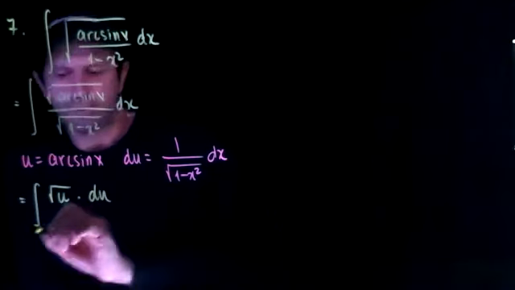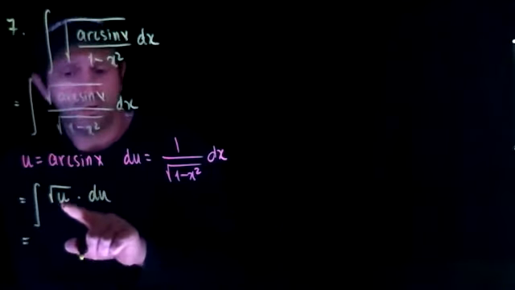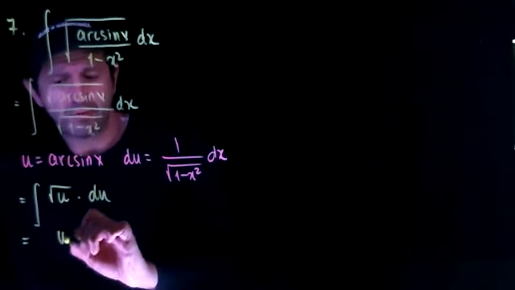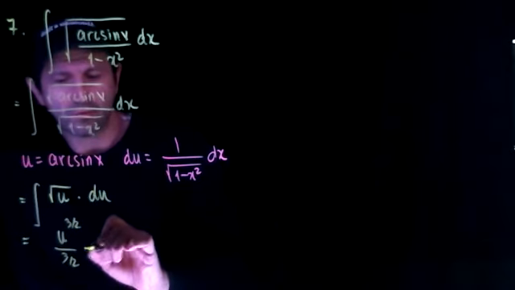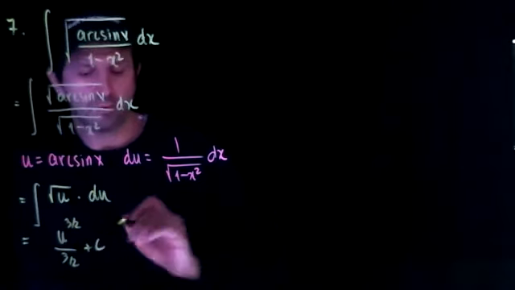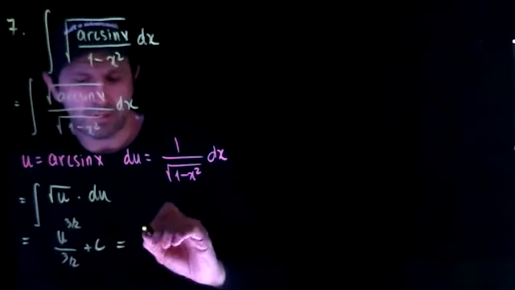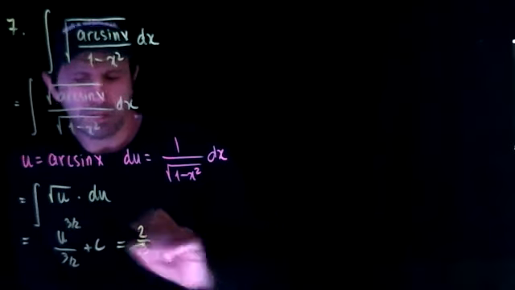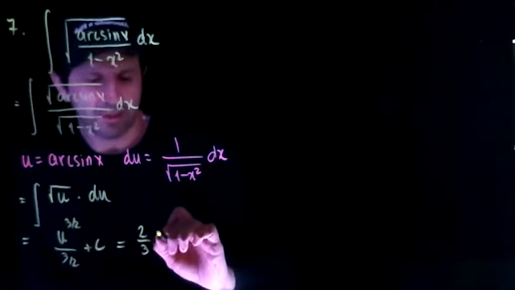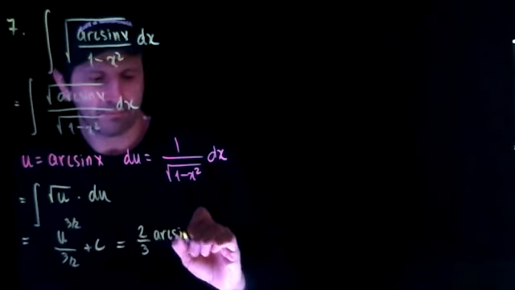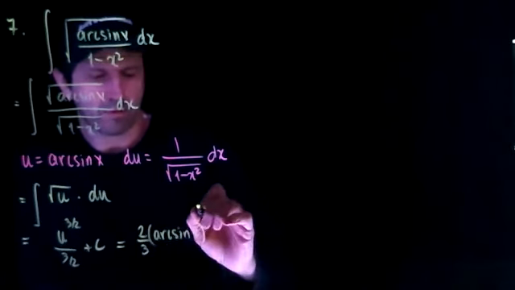And so this is pretty easy now. The antiderivative of u to the power of a half is u to the 3 over 2 over 3 over 2, the power rule. And so this is 2/3 u, which is arc sine x, to the power 3 over 2.